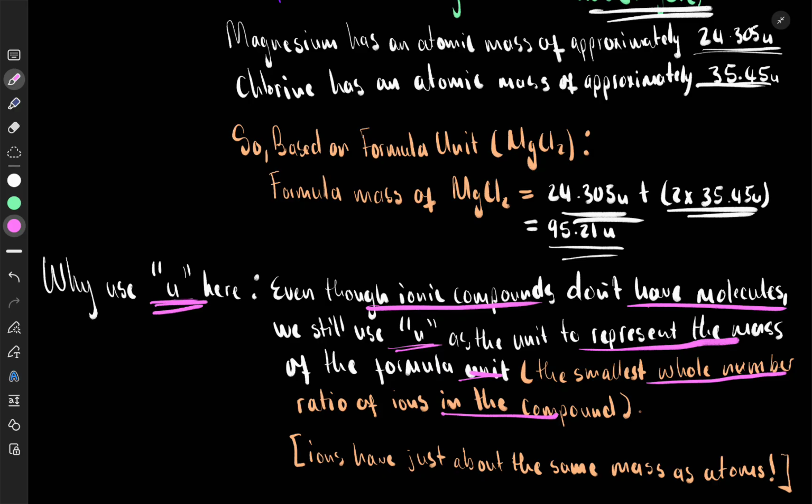Now, remember that in MgCl2, we just write it as MgCl2, but the truth is we have an Mg2+ which is bonded to a Cl- and another Cl-. So you'll be saying, what makes us use the mass of chlorine when it was actually a chloride ion?